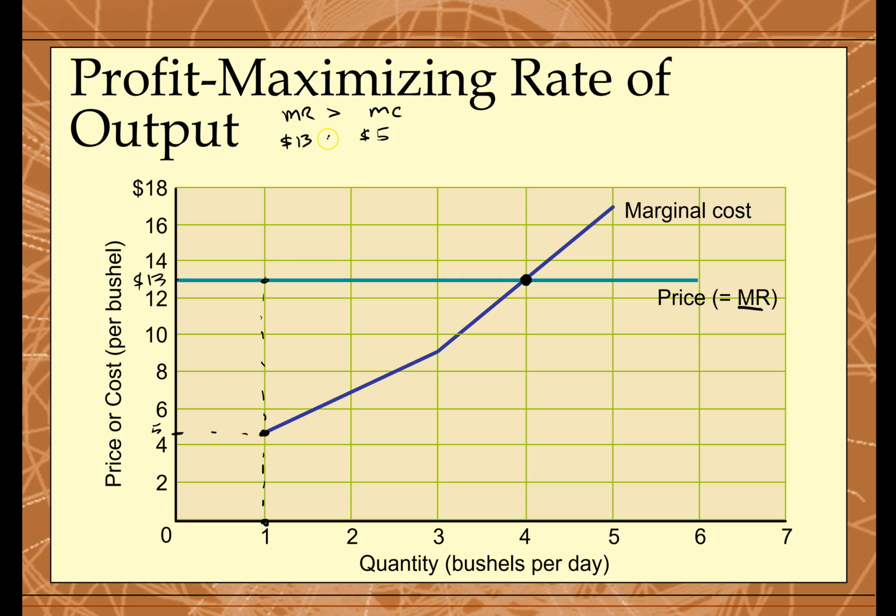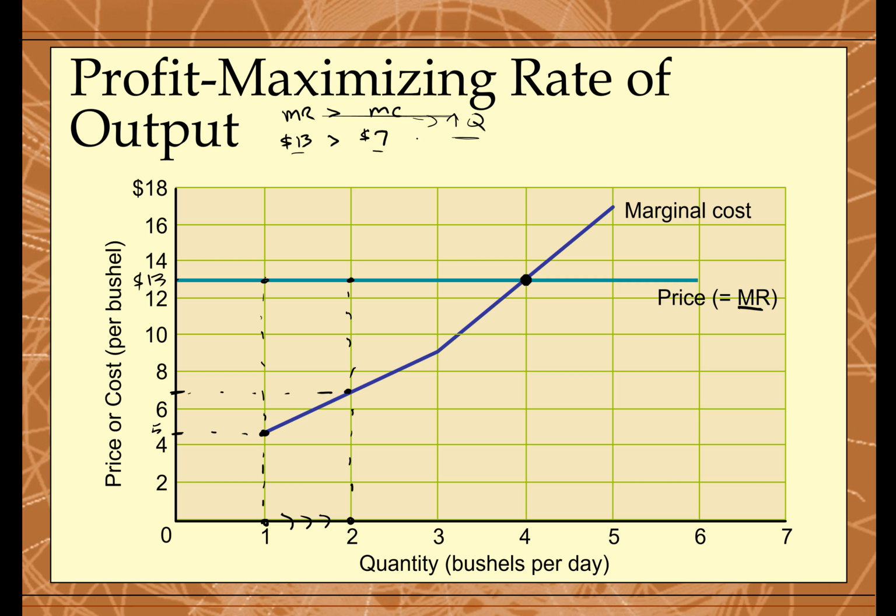If you go to 2 units now, you can see marginal cost has gone up to about $7. But marginal revenue is still the same because the price hasn't changed. It's still 13. Can you see how MR is still greater than MC?